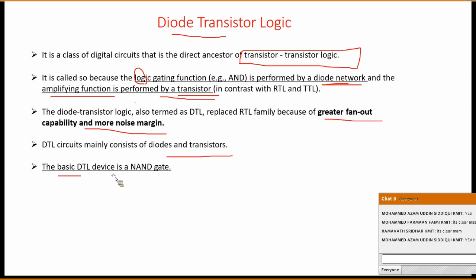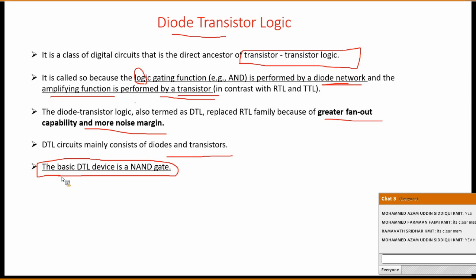And the basic DTL device is the NAND gate. Remember this. So for each family, one logic gate. For DTL, the main logic device that we are using is the NAND gate.